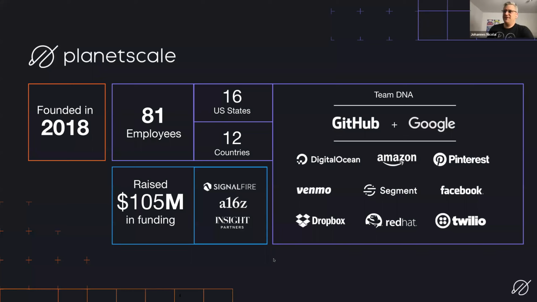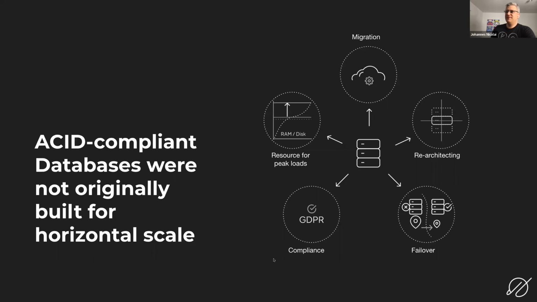So why do we have to create PlanetScale in the first place? As most of you will probably know, relational ACID compliant databases were not originally designed for horizontal scale. So when MySQL came up, it was not meant to run on many, many hosts at the same time. And if you wanted to make it faster, you typically added more CPUs or more memory or faster storage to it.